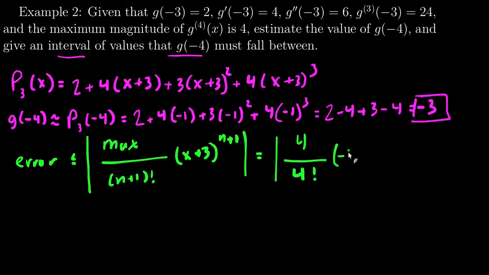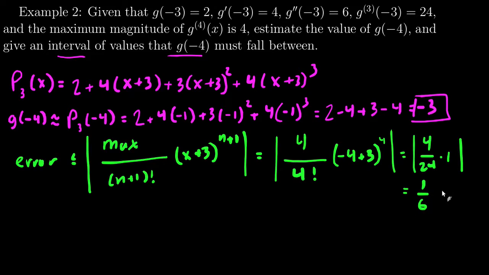It would be -4 plus 3 to the fourth. So I have 4 divided by 24 times -1 to the fourth is 1, which means that my error has to be less than or equal to 1/6.